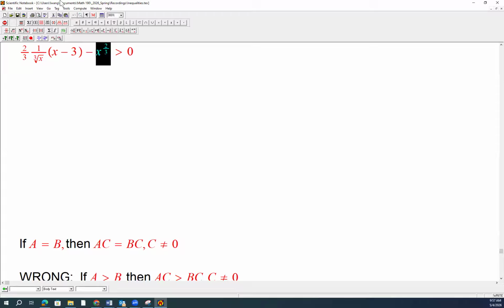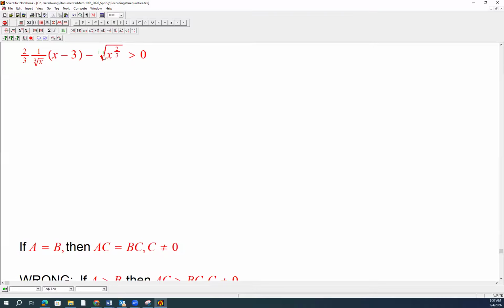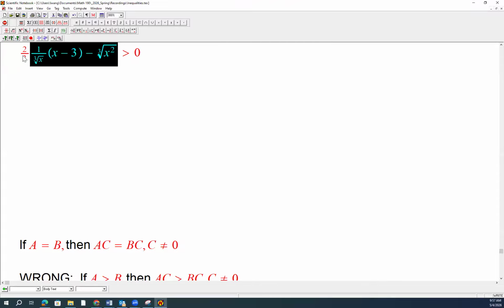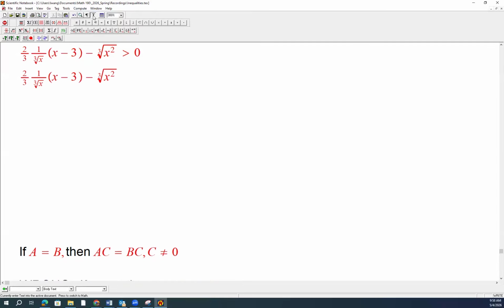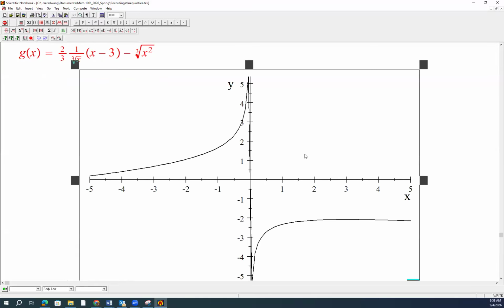And this will be, of course, the cubic root of x squared. I'm going to graph this function. I call this function g. I'm going to graph it.